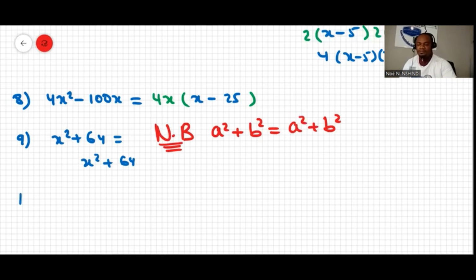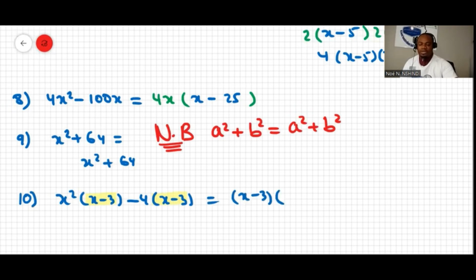And then question 10 was x squared open bracket x minus 3 minus 4 open bracket x minus 3. Now over here we notice the highest common factor will be x minus 3 in the bracket like that. So we can take x minus 3 as the common factor, and then x squared minus 4, and then we're done factorizing.